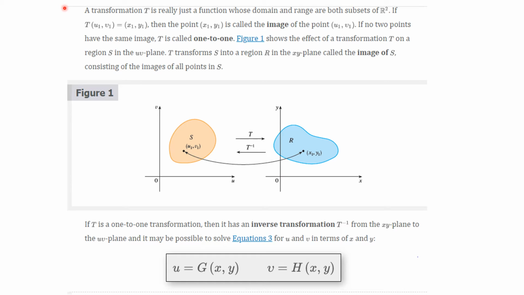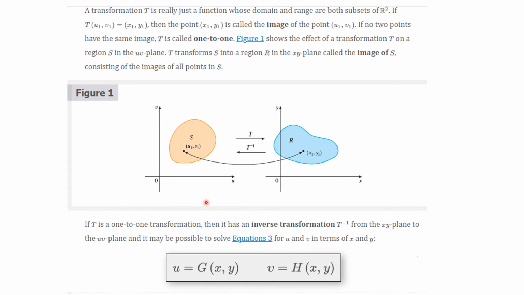So a transformation T is really just a function whose domain and range are both subsets of R2, the two-dimensional plane. If T of (u1, v1) is equal to (x1, y1), then the point (x1, y1) is called the image of the point (u1, v1). If no two points have the same image, T is called one-to-one.